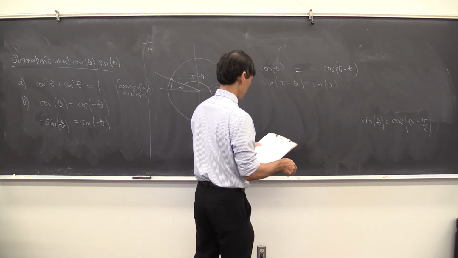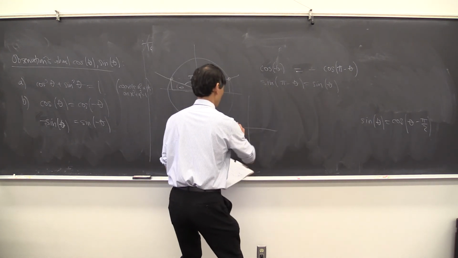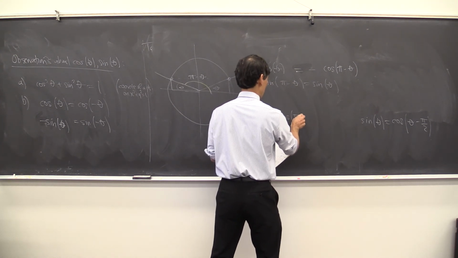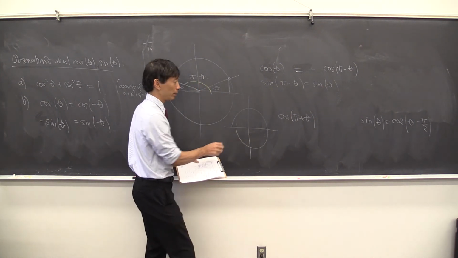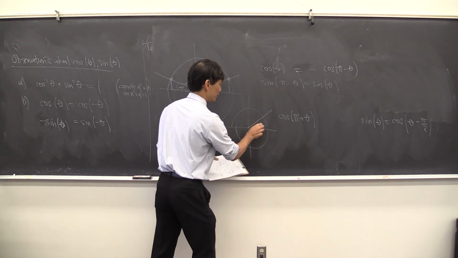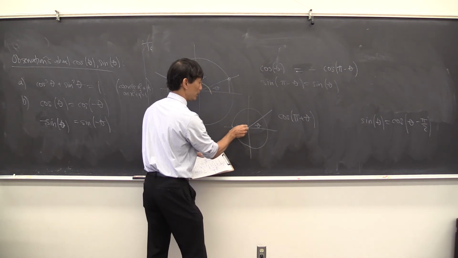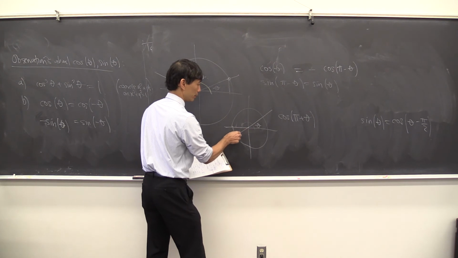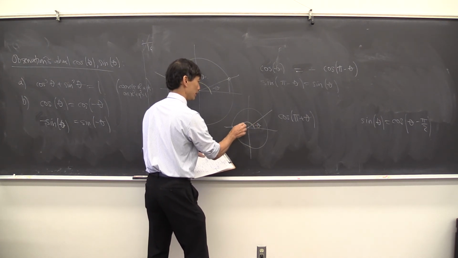Okay, let's do another one. What about cosine of pi plus theta? Well, if this is theta, this is pi right here. You add on theta to that. So this thing here is going to be pi plus theta.